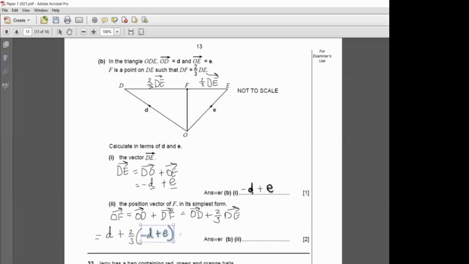This is D minus 2/3 D plus 2/3 E. So this 2/3 must multiply the negative D, and it must also multiply E. Then D minus 2/3 D will give me 1/3 D. So it's 1/3 D, and then the 2/3 E. That is my answer.